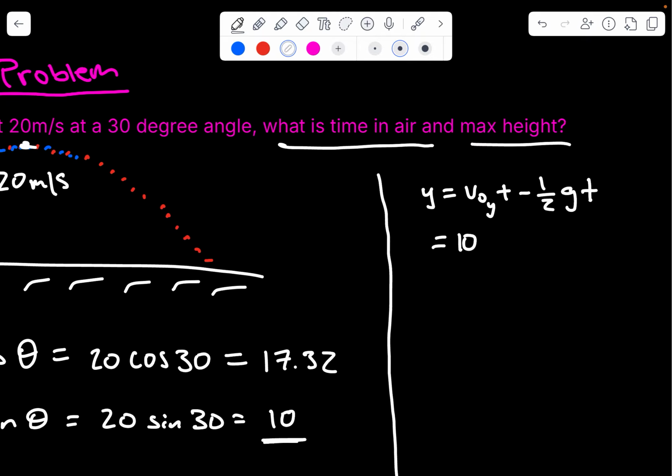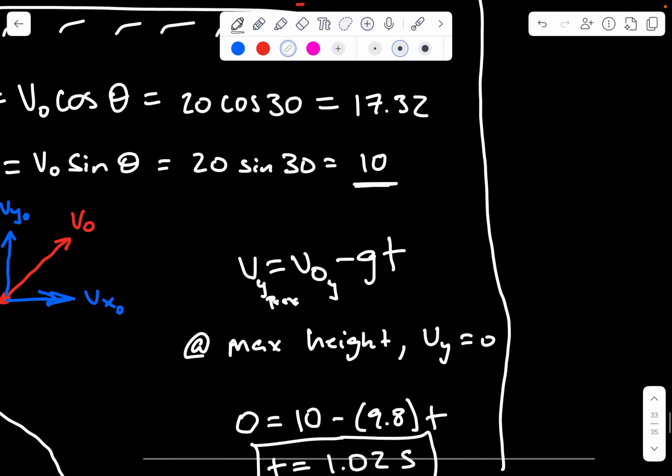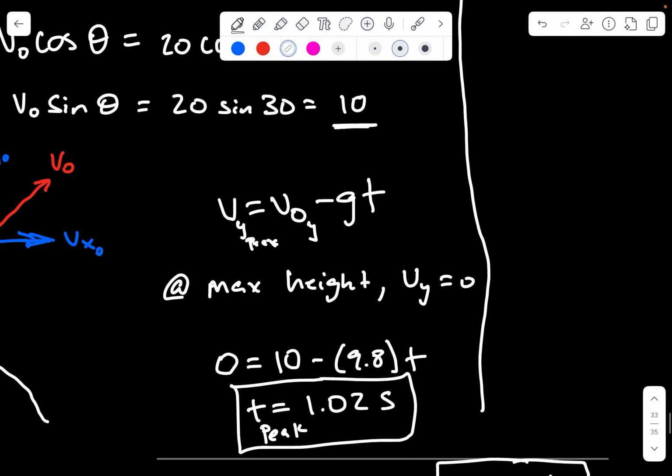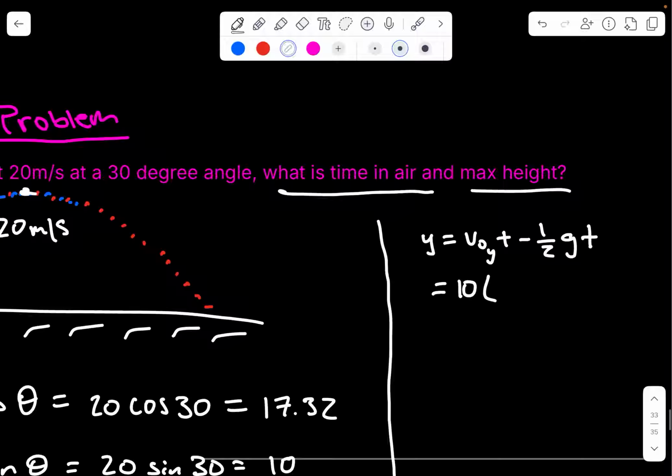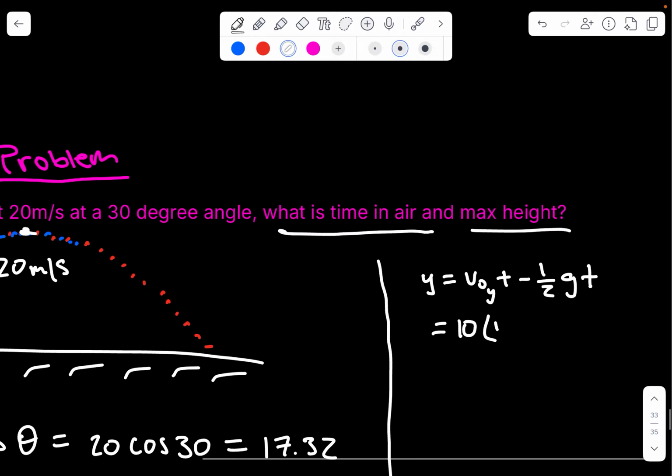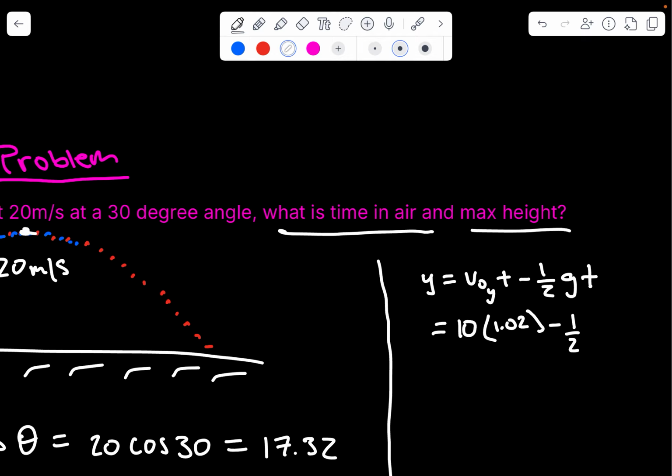Our t is the time at peak, right? Because that is where we are. So time at peak is 1.02. And then we have minus 1/2 times 9.8 for gravity.